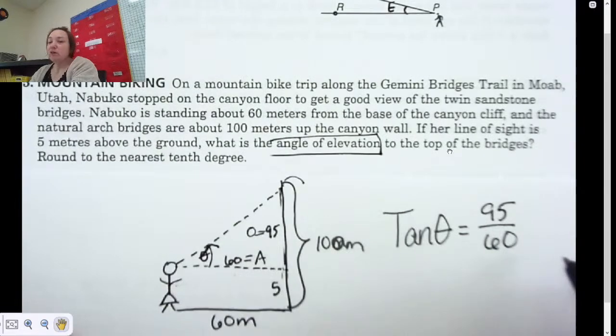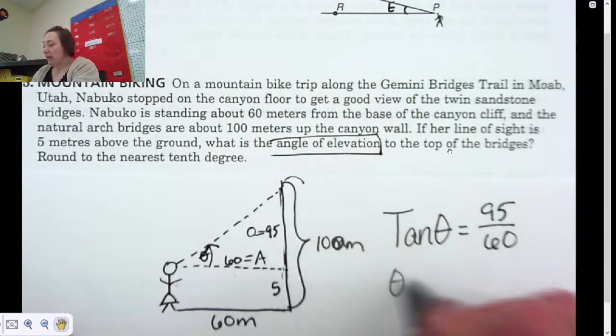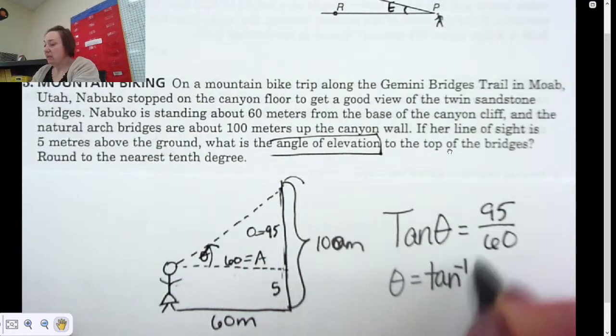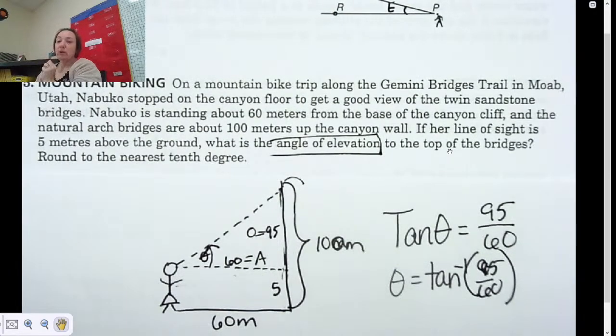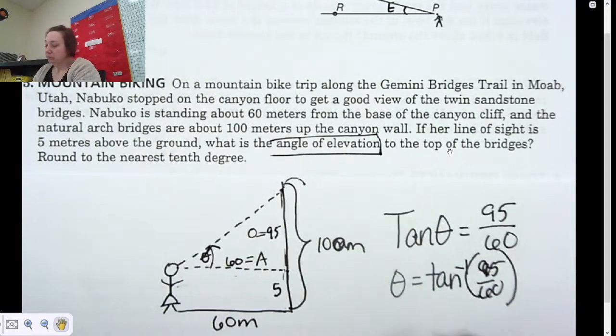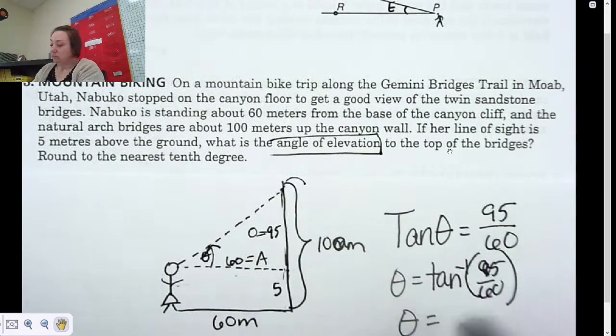Now remember from Thursday, to find the angle measurement, what we're actually going to have to do is the inverse of tangent. So we're going to do the inverse of tangent of 95 over 60, right? So when you plug that in, what do you get? No, something's wrong. Did you do the inverse of tangent or did you just do tangent?